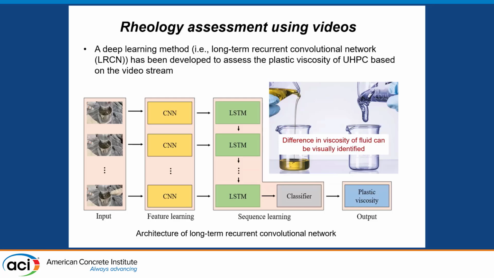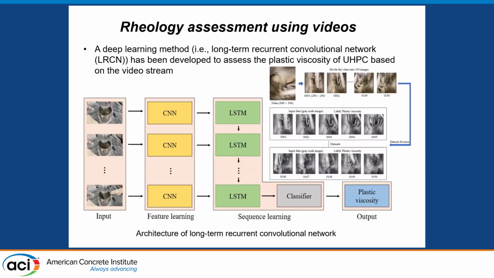So we developed deep learning methods: we take videos during the concrete mixing, and we use deep learning to identify the features of the videos and also the sequence of the images in the videos, and output the plastic viscosity. The videos are composed of many, many images, so we can identify features of the images and also the sequence.